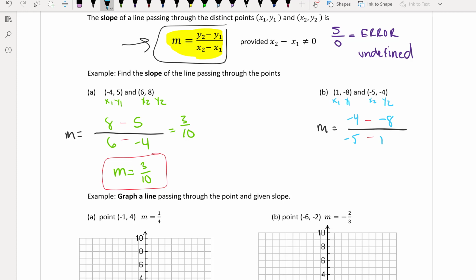So now my fraction, when I have a negative 4 minus a negative 8, it's really addition. And at the bottom, negative 5 minus 1, that's going to give me m is equal to a negative 2/3.